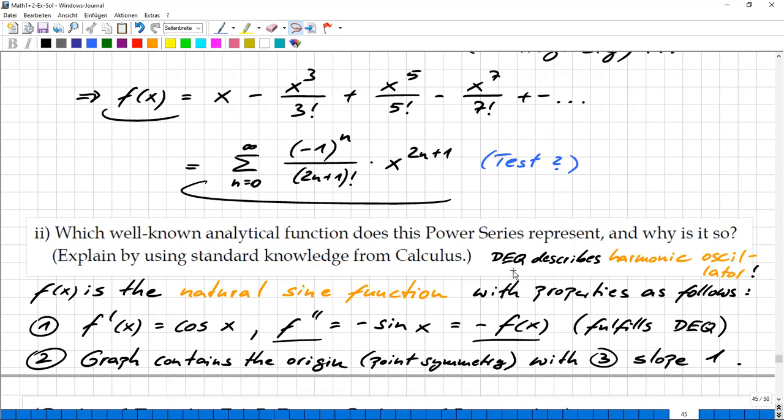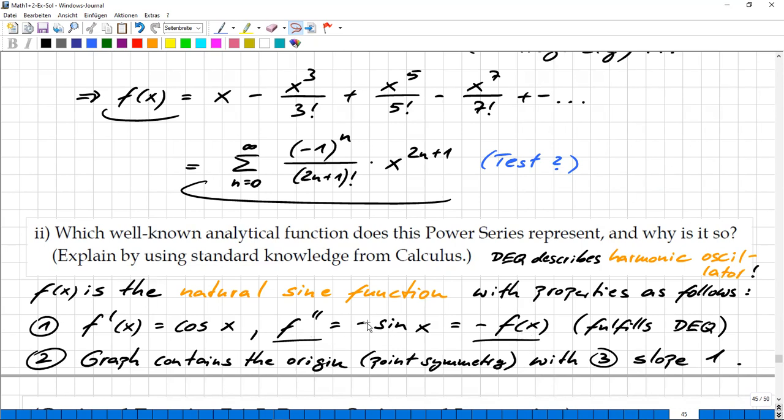The differential equation, just to summarize, describes a harmonic oscillator. f of x is the natural sine function. Natural means without any modification, with properties as follows. First, f prime of x equals cosine x, that's what we know, and so the second derivative will be equal to negative sine of x, and that's exactly what we need, because this is the negative value of f of x itself.